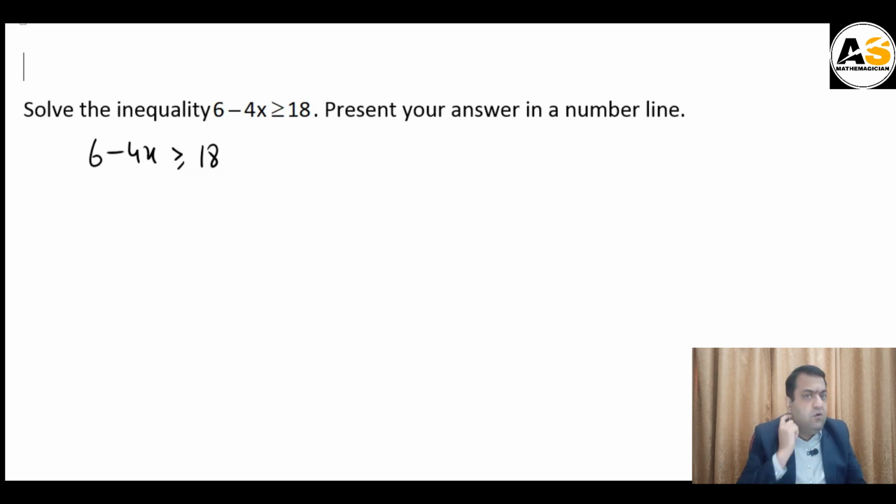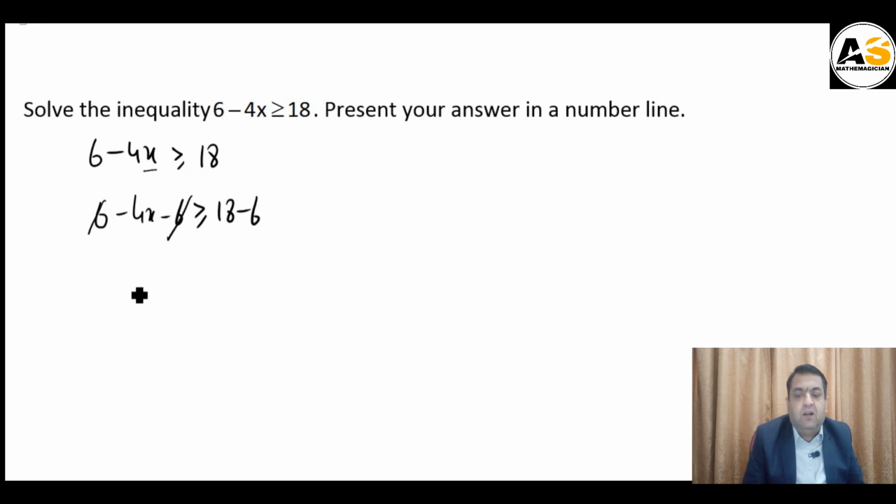Dear student, first of all, what we have to do, we have to take the x on one side. Here, practically, what will I do? I will add minus 6 on both sides. What will this minus 6 do?